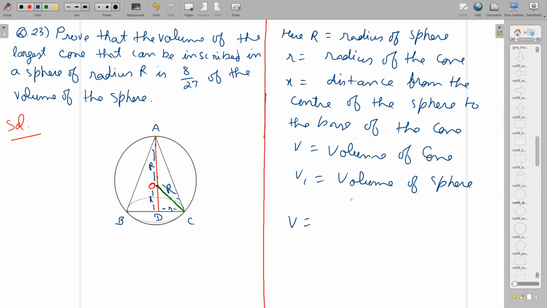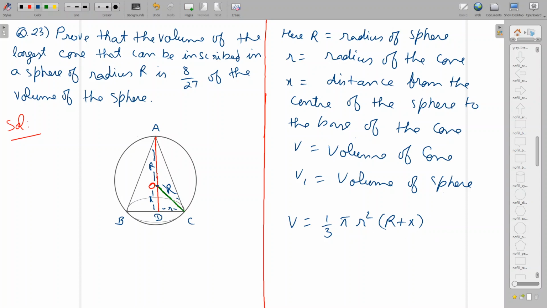Now here we will find first V. So V is, we know that volume of cone is 1 by 3 pi r square h. So 1 by 3 pi, our r is small r, so r square into h. H is capital R plus x, that we can see from the figure. Now here there are two variables, one is small r, one is small x.